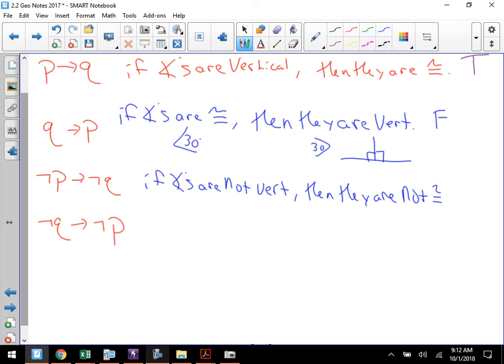That's also false. I can use that exact same counterexample from the previous one. Here's a 30-degree angle, here's a 30-degree angle. Those two are congruent, but they're not vertical.